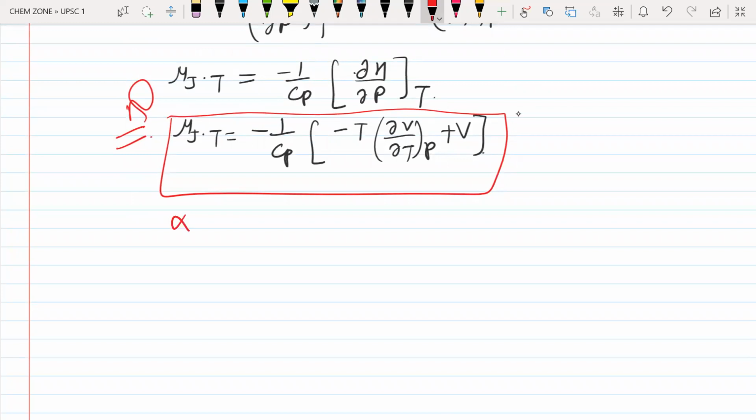Now, we know that alpha is known as the thermal expansion coefficient.